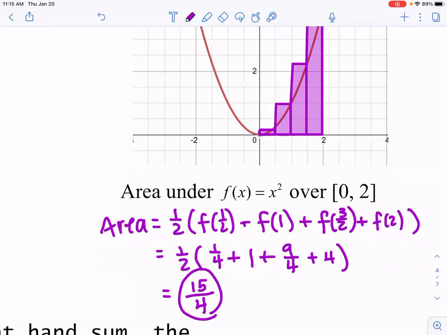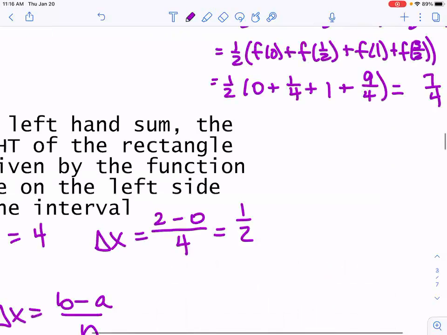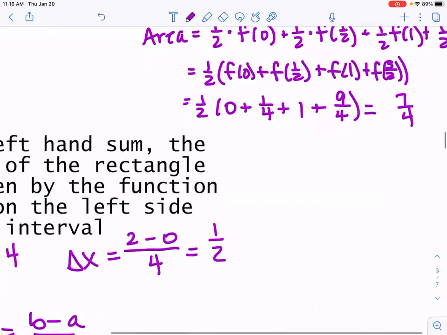Makes sense that this one is more. After a while, I'll tell you what the real area is. Okay, so 15/4 is too much. 7/4 is too small.